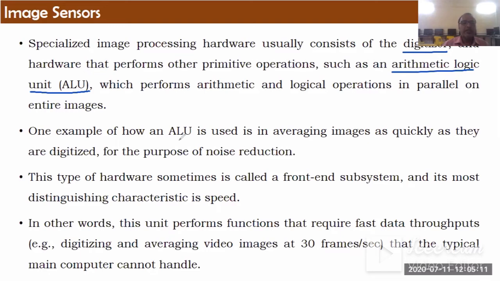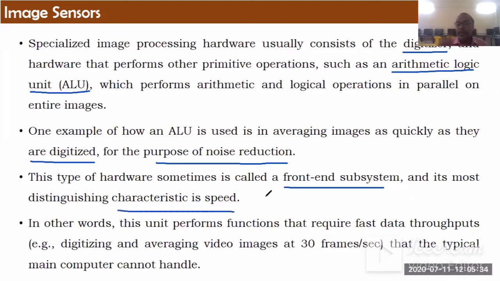One example of how the ALU is used is averaging images as quickly as they are digitized. It is used for noise reduction. This type of hardware is sometimes called a front-end subsystem, and its most distinguishing characteristic is speed. The main characteristic of image sensing is speed.